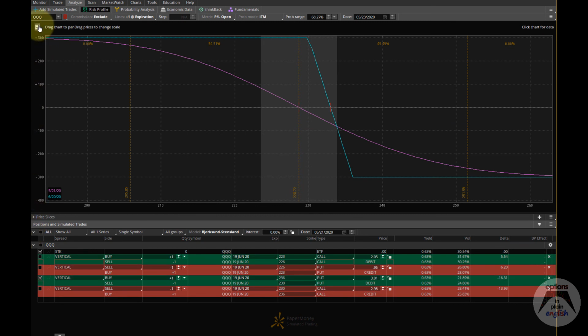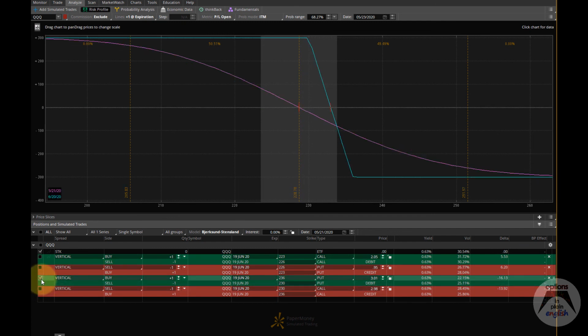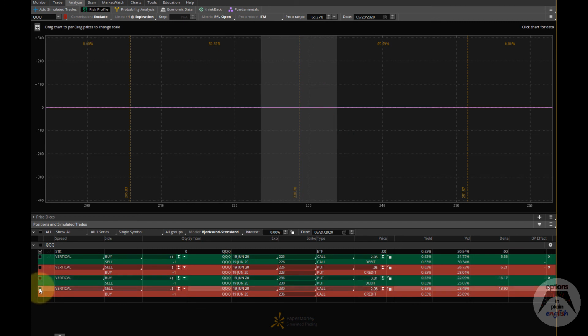And now let's fix it here. Long put spread, short call spread. Long put spread, short call spread. The same trade. So now you know that these trades are the same. Long call, short put. Long put, short call are the same.